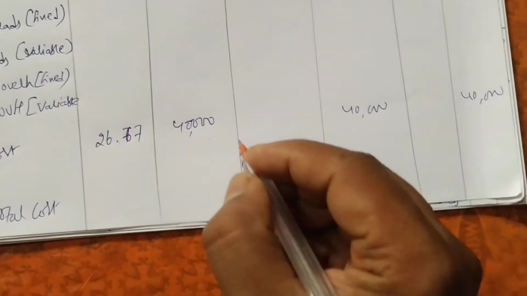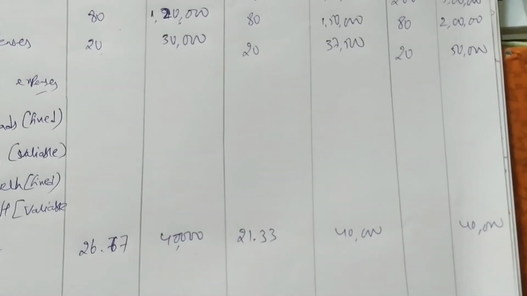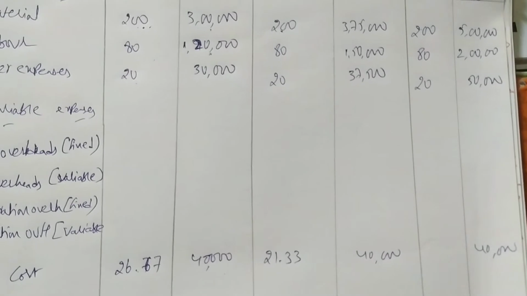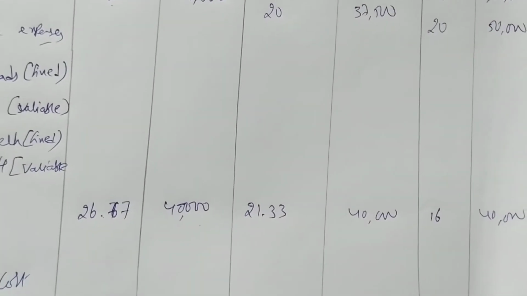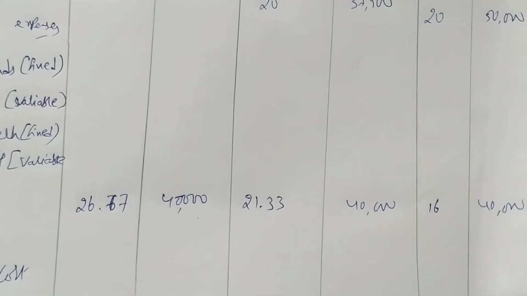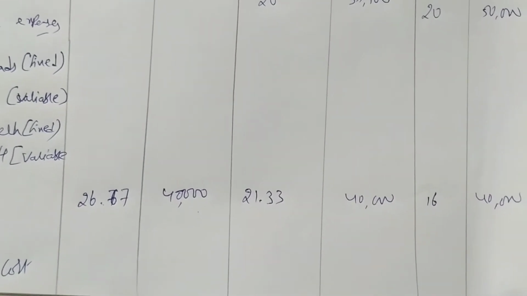You get 21.33. Again 40,000 divided by 2,500. You get 16. Got it? Easy. Check.